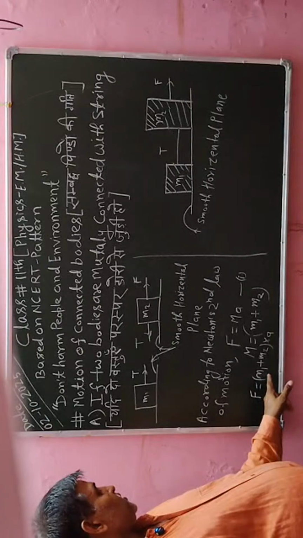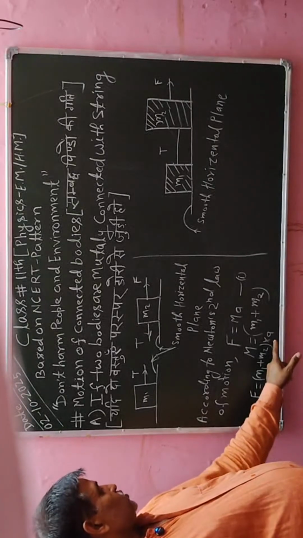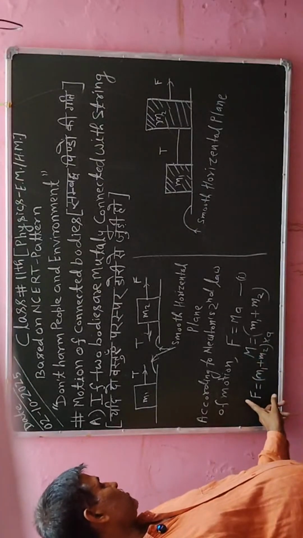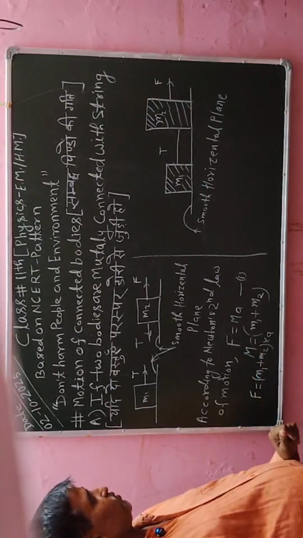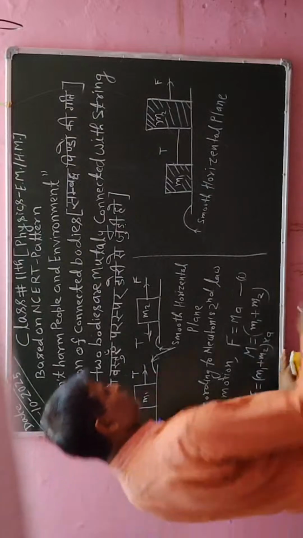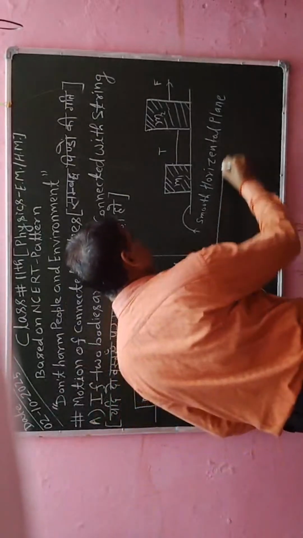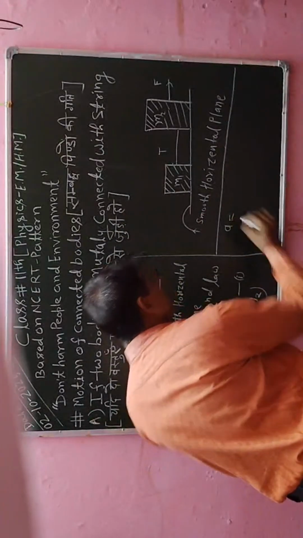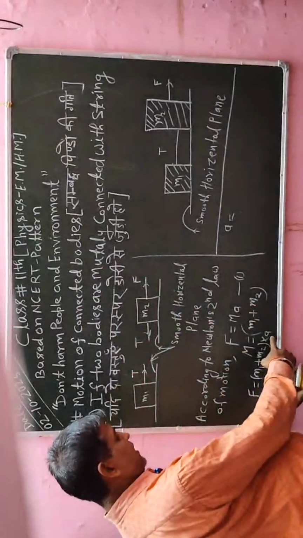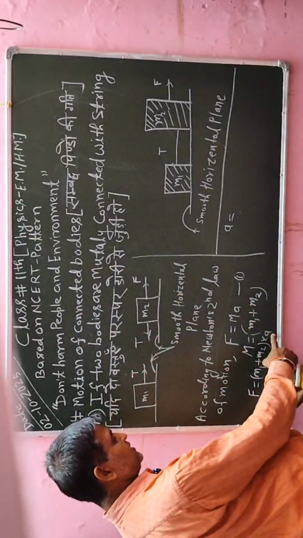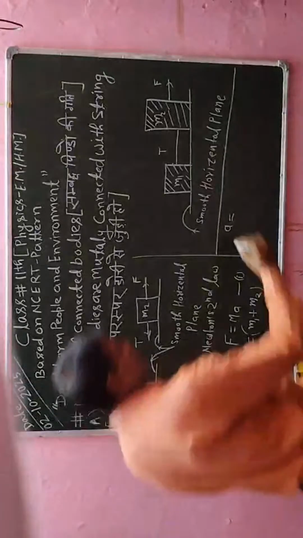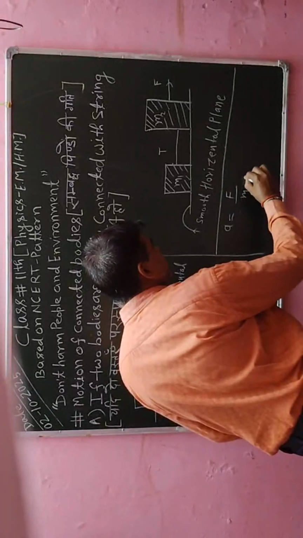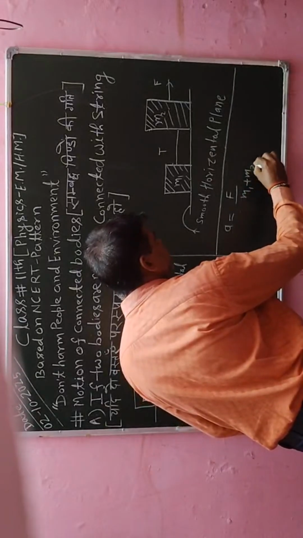After simplification, I can get acceleration A which is equal to F divided by M1 plus M2.